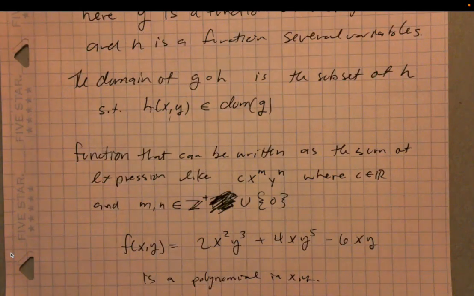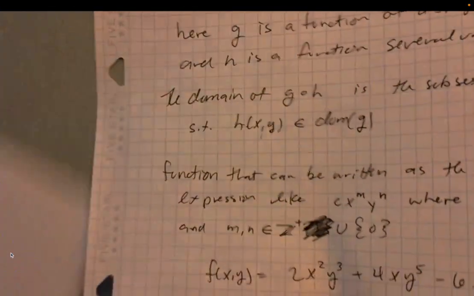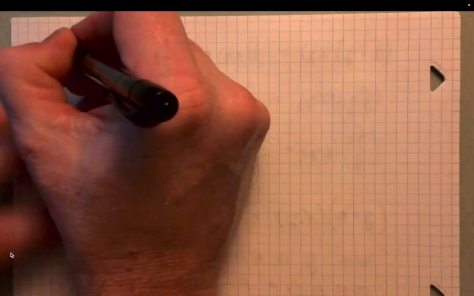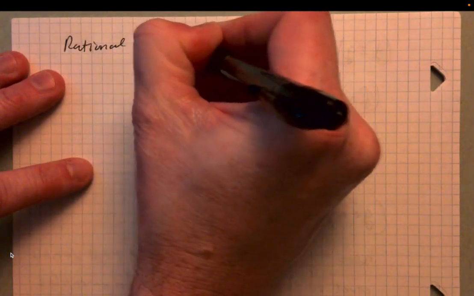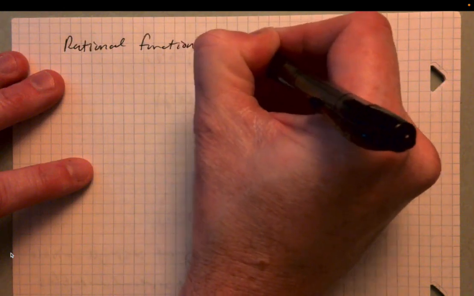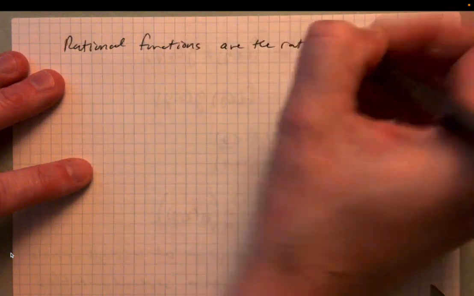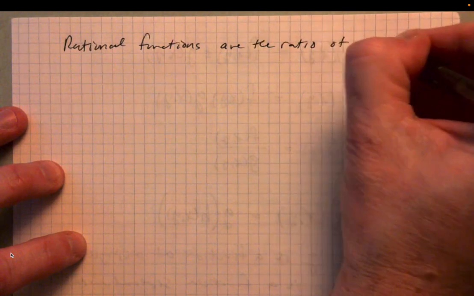Okay, and then the other type that we should mention here is the case when you take a ratio of polynomials and you get a rational function. So rational functions also exist as the ratio of two polynomials.